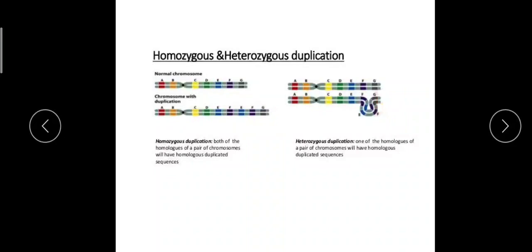They may not have much effect on the phenotype or other activities, but they are seen as raw materials for future evolution, leading to speciation. So that is all about chromosome duplication.